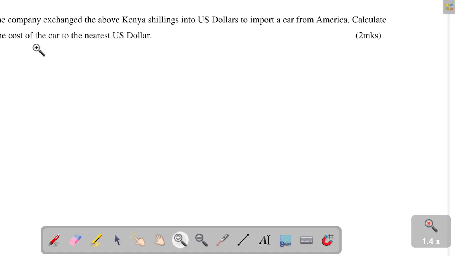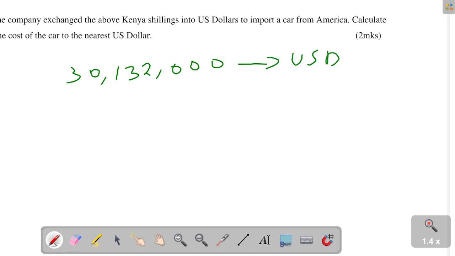Calculate the cost of the car to the nearest US dollar. So basically here, the amount that is to be converted is that 30,132,000 to US dollars. Convert this to USD.